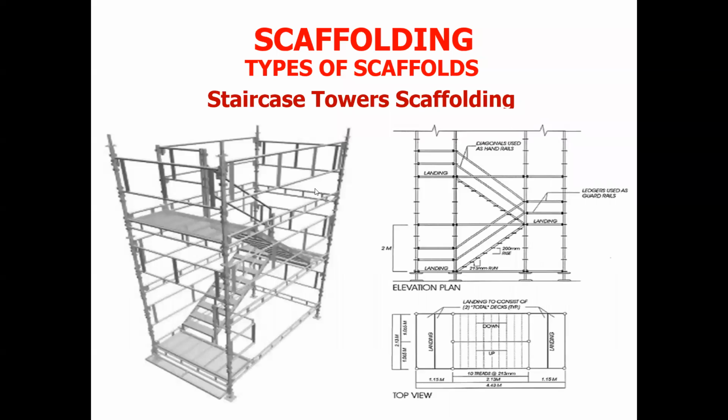This is a typical example of a staircase towers scaffolding. On the left, we're looking at it in 3 dimensions. Above right, we're looking at it as an elevation. And below, we are looking at it as a plan.